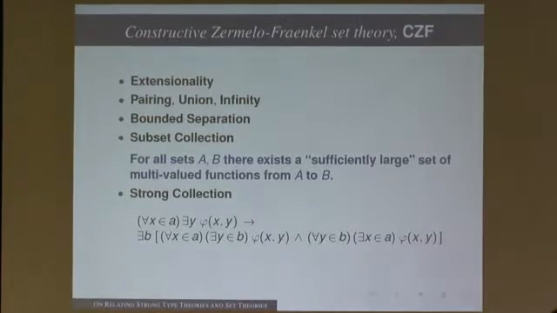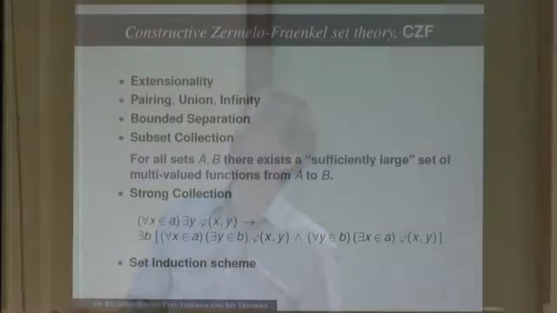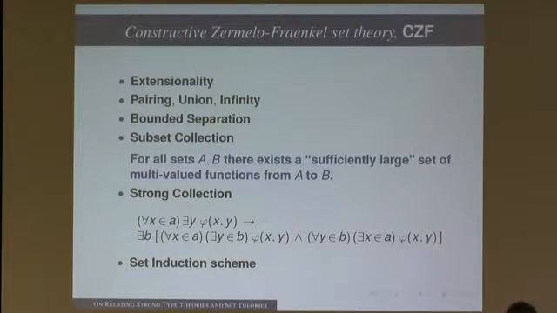And so here are the axioms. The main changes are that separation is restricted to bounded separation. And instead of the power set axiom, one has an axiom called subset collection, which says basically that if you have two sets A and B, it first says that the collection of all functions from A to B is a set.